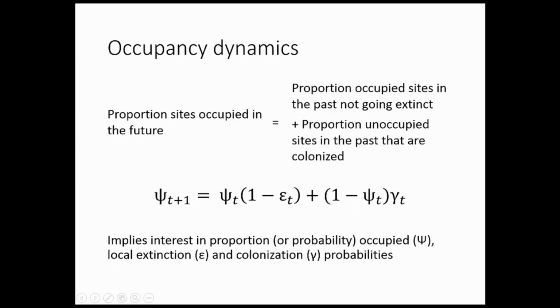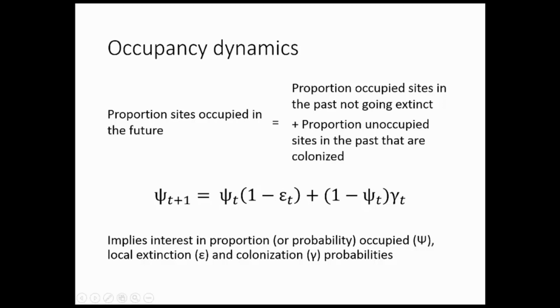Occupancy dynamics can be represented in much the same way, where we have the proportion of sites occupied in the future equals the proportion of occupied sites in the past that do not go locally extinct, plus the proportion of unoccupied sites in the past that become colonized.